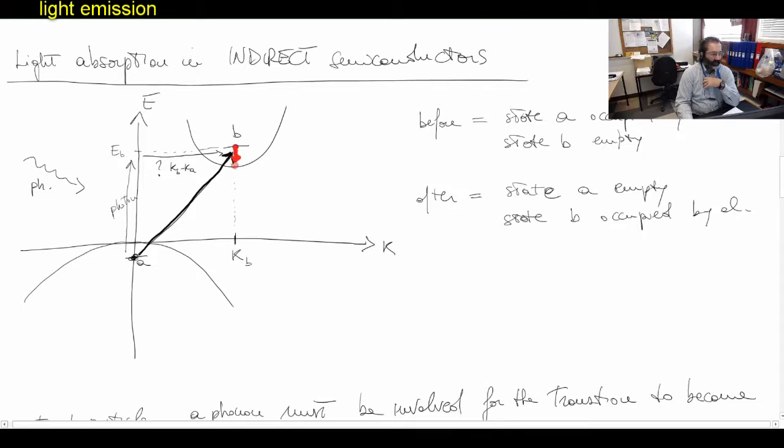So that's what I mean by thermalize. The same happens to the hole that is left behind. Also the hole tends to thermalize and move toward the top of the valence band. So this is one thing to always keep in mind.